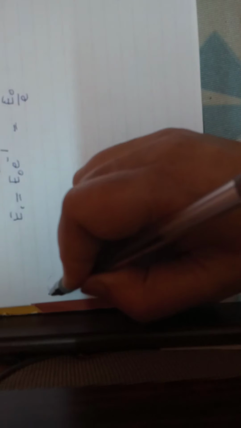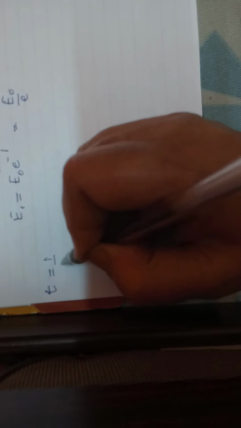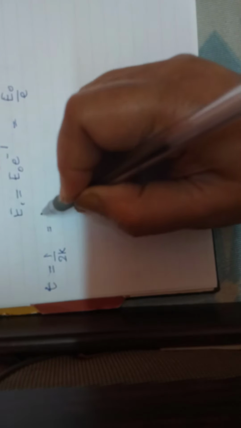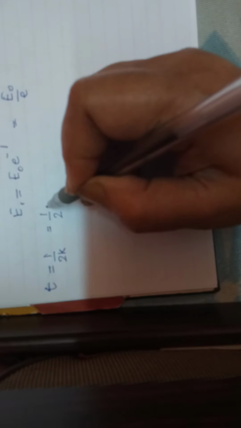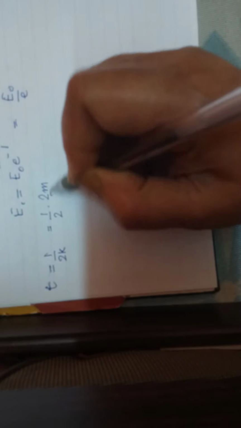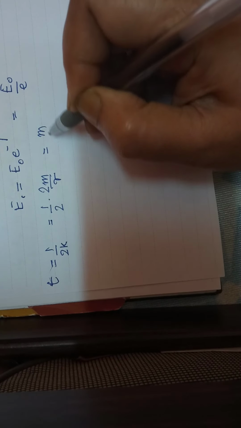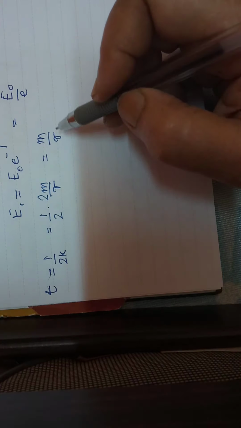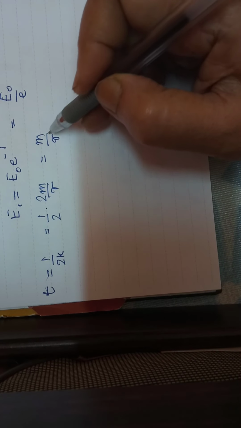Alright, so what can we conclude from here? That at time t equal to 1 by 2k, which is equal to 1 by 2 times, what is 1 by k? It is 2m by r, which is equal to m by r. So after a time t equal to m by r, what is r?